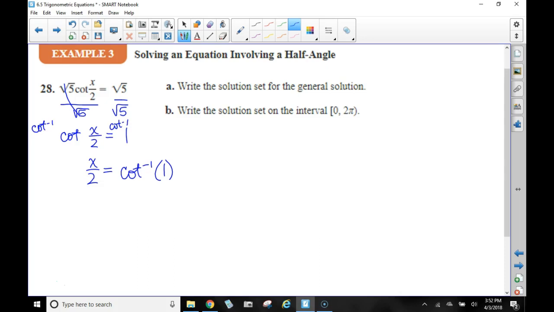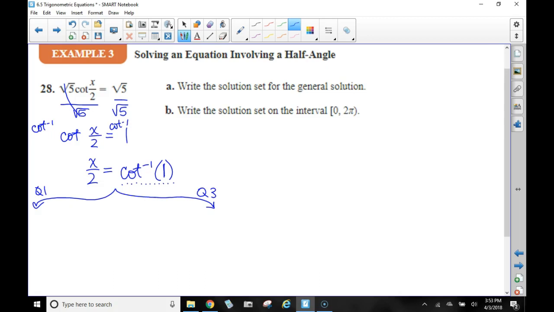So what we're going to do now is generate a list of angles that have a cotangent value of 1. Now that's going to happen in 2 separate quadrants. For cotangent, the cotangent is going to be a positive 1 in quadrant 1 and also in quadrant 3.